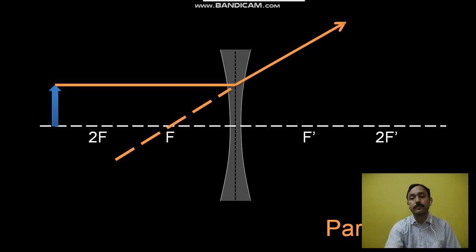Next one is this. Outside 2F, this is the object. It is parallel to the principal axis. It is going divergent. If we extend, it looks like it is coming from the focal point of this lens.